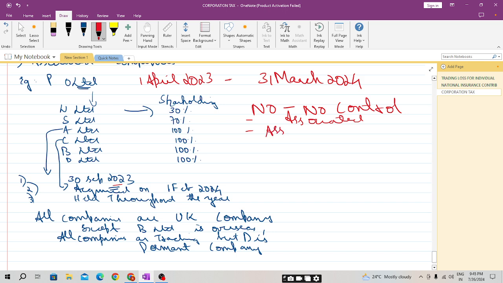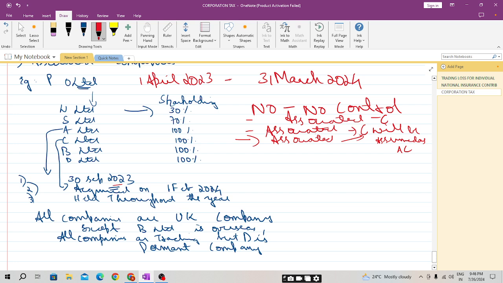So control is there and it will be assumed as an associated company. Now for C Limited, acquired on 1st February 2024, control is there. If the company is associated for part of the accounting period, then for the whole period it will be assumed the same.